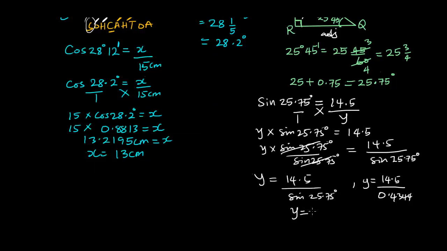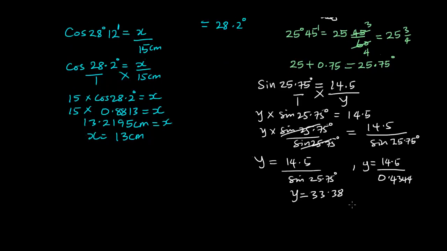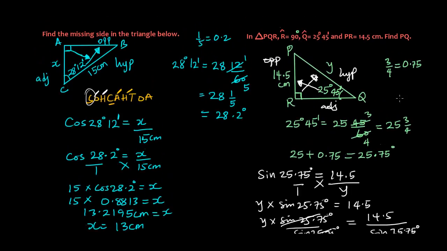So y equals 33.38 approximately. Let's find the unit we're working in. We're working in centimeters, so this is going to be in centimeters. To the nearest whole number, y will be equal to 33 centimeters. So it means that the missing side PQ is 33 centimeters.